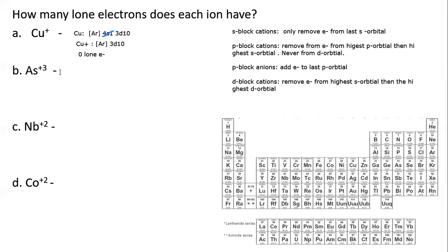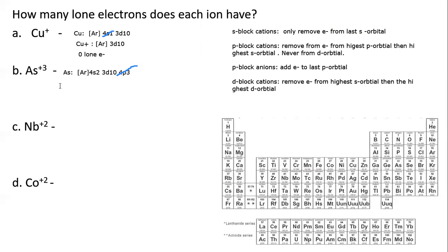Next we move to arsenic 3 plus. So we write the electron configuration of arsenic. Again, this is a p block cation, so we're going to remove from the highest p orbital first. So we remove 3 electrons from the 4p orbital.